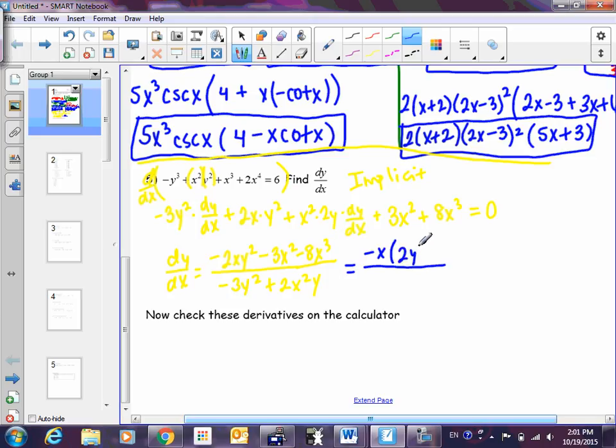So what I'm left with is 2y squared plus 3x plus 8x squared. Okay, what can we factor out of the denominator? A y, and again, I'm going to go ahead and factor out a negative because I see that a lot in these problems. And so that's going to be 3y minus 2x squared.